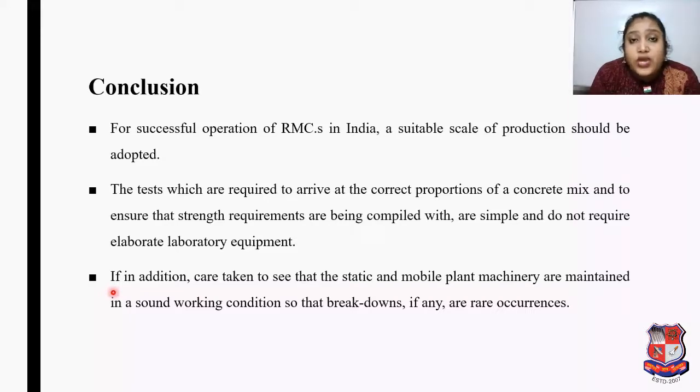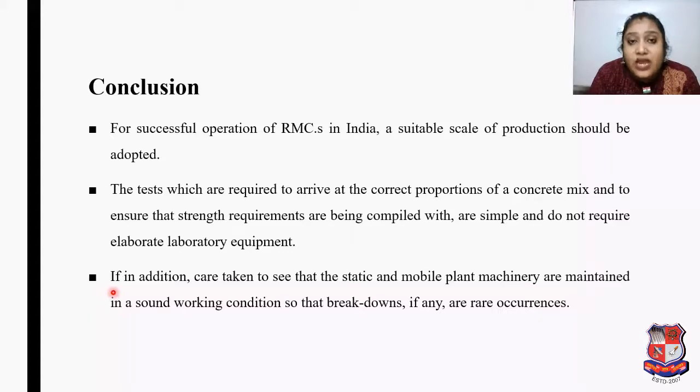So, from today's ready-mix concrete lecture, you are able to understand your syllabus topic of ready-mix concrete, and based on that you can prepare for your final end semester exam, because in your previous end semester exam the ready-mix concrete portion was asked, and maybe in future there is a possibility it will be asked, as it's a part of your syllabus.